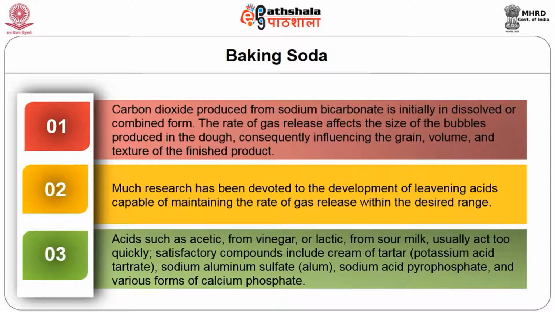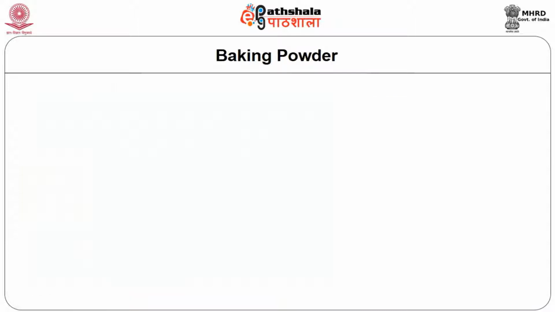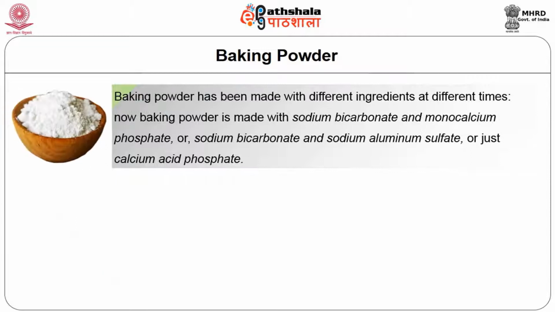Satisfactory compounds include cream of tartar, that is potassium acid tartrate, sodium aluminum sulfate, that is alum, sodium acid pyrophosphate and various forms of calcium phosphate. Baking powder has been made with different ingredients at different times.